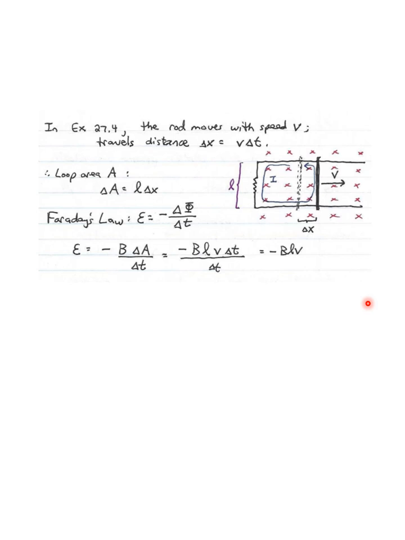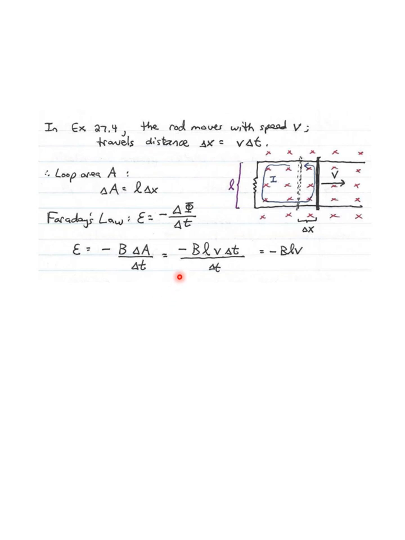So Faraday's law is that the electromotive force is negative delta phi over delta t. Now I'm going to replace delta phi with delta BA, but B isn't changing, so let's put B out to the side. So negative B delta A over delta t. For this derivation, I'm just going to leave the negative sign in there.